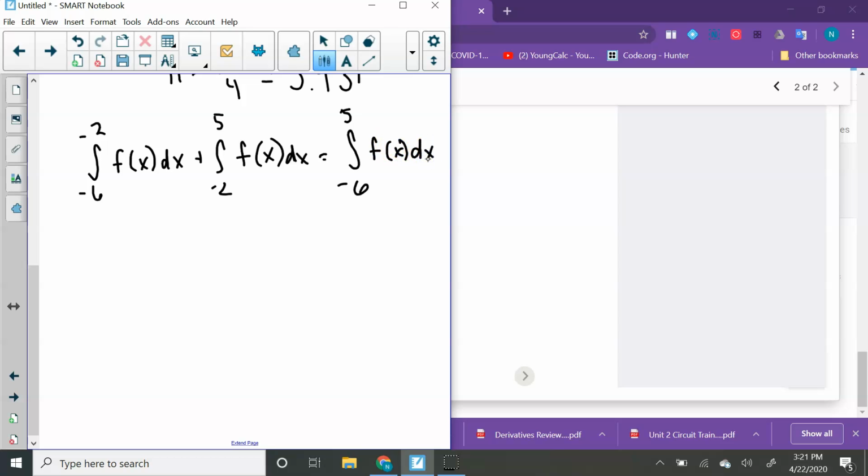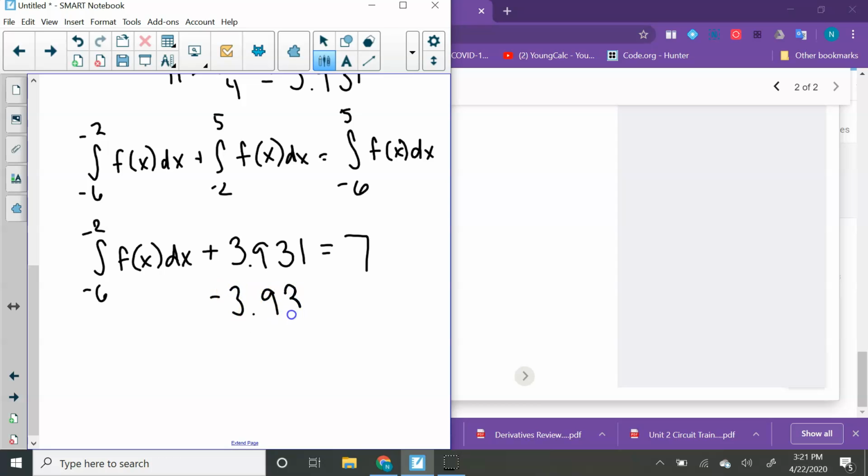So we do not know this first integral, the one that we're looking for, but we just found the second one, which was 3.931, and the problem told us that the integral from -6 to 5 of f of x dx is 7. So to solve this, we can do it really simply by just subtracting the 3.931.